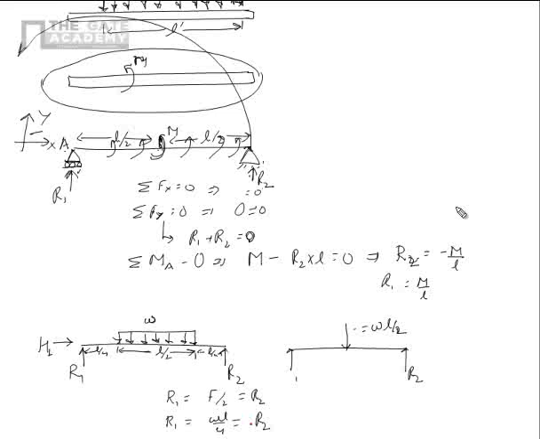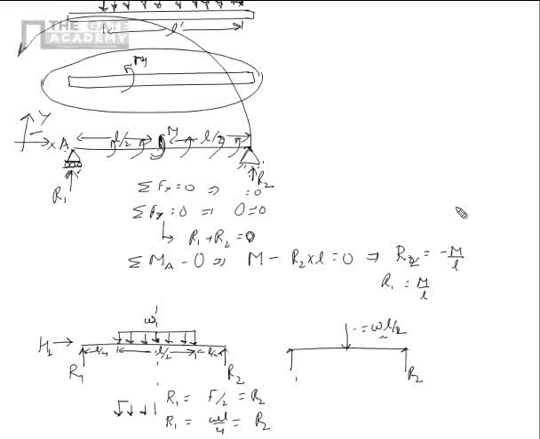Now see, the force was a point force there, and over here it's a distributed force. Even then the reactions do not change. Reactions are still equal, given that the load now applied is symmetric about the center line, which means that half of the applied distributed load is here on the left hand side and half is on the right hand side.